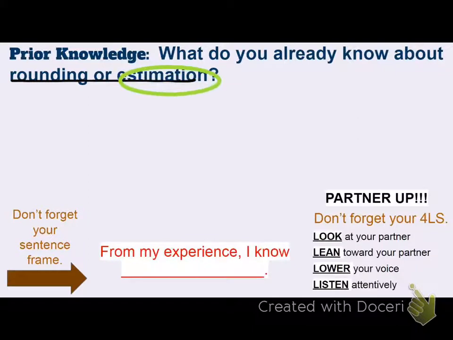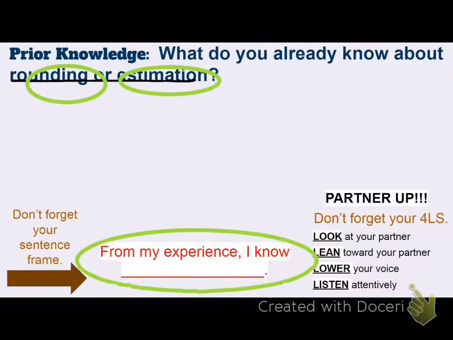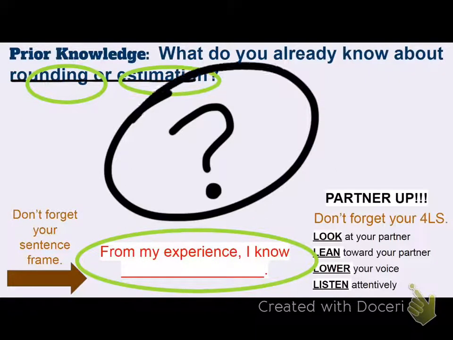That estimation or that rounding will help me see if I have the right answer. So from my experience, I know that using rounding and estimation is really good for seeing if something makes sense, seeing if you are right or seeing if you're wrong. And that's going to help us in today's lesson.